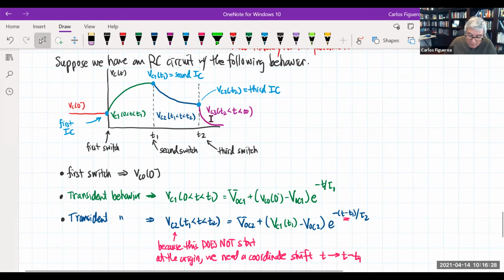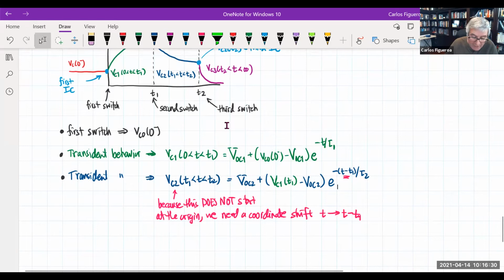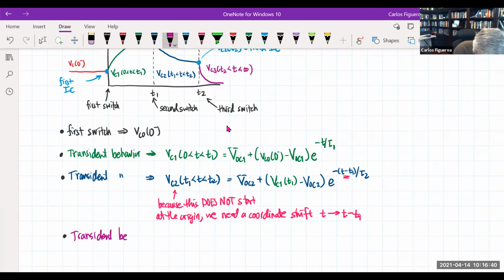And then I go to the purple one. And if I go to that one, again, I have transient behavior. But now I have a different transient behavior. And it goes like what? I have a new solution. And this guy's going to be what? At T2 to T to infinity in this case. And this guy's going to have its new VOC3. But then I need the new initial condition.